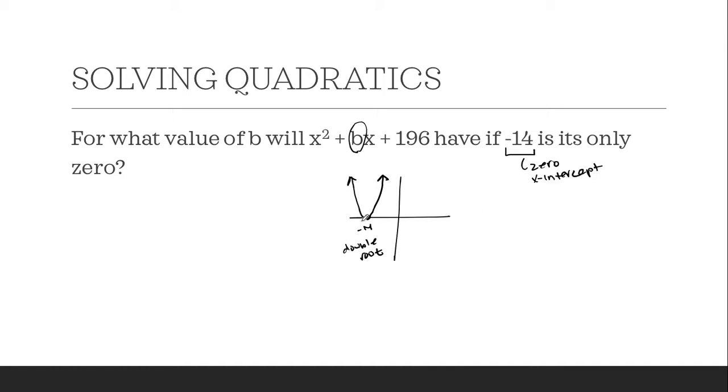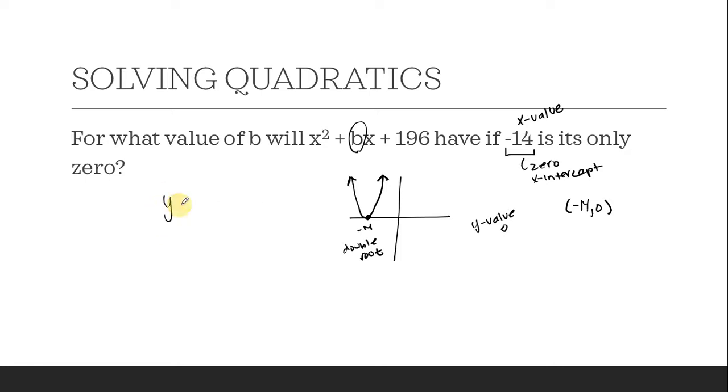But if I know that negative 14 is its only 0, x-intercept, negative 14 is a what value then? An x value. And what is the y value at this point? 0. So at this point, it is negative 14, 0.